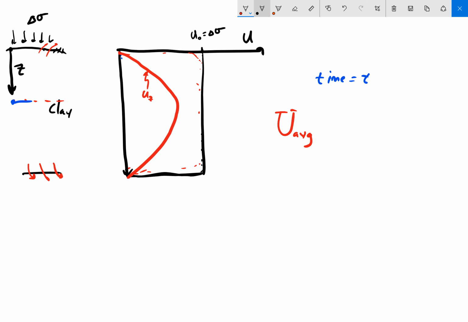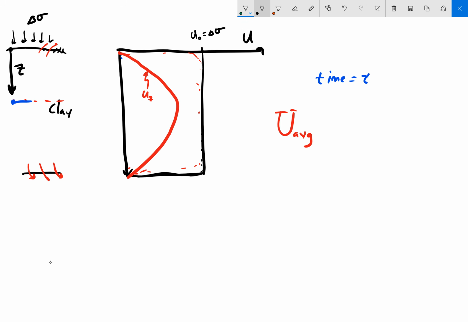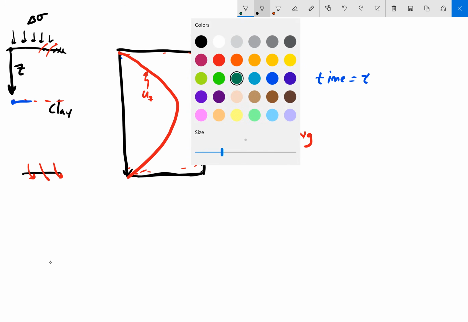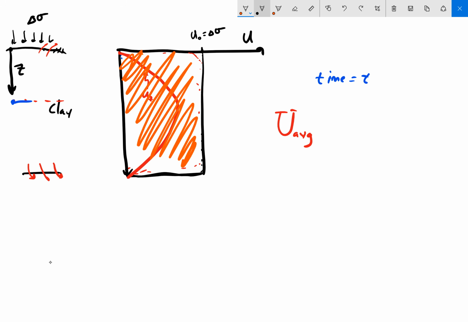is just going to be the ratio of all the area in green that's still to the left of my line, divided by all this area in orange that was the original area of U naught.